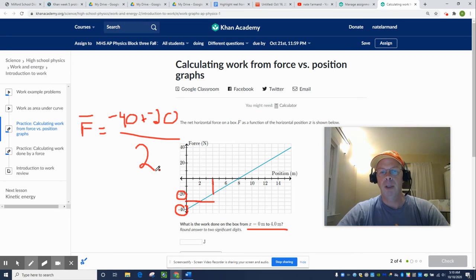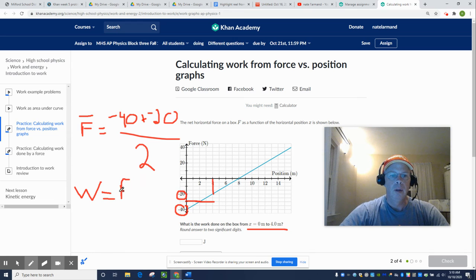So the same way we find the average velocity by doing v initial plus v final divided by 2, you can find the average force by doing the initial force plus the final force all divided by 2. This is negative 60 divided by 2, which is negative 30, obviously.